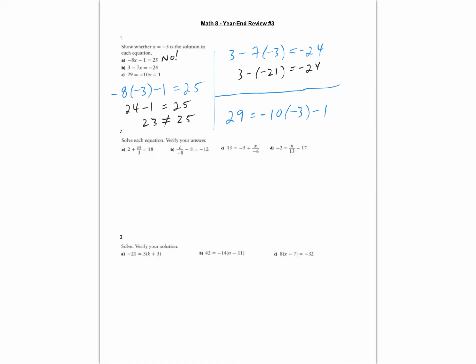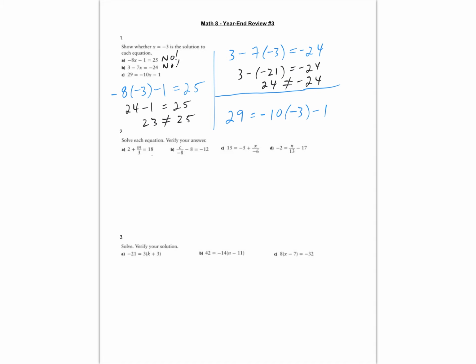So, 3 minus -21. If it's 3 degrees outside and Mother Nature takes away coldness, then it warms up to positive 24. And positive 24 does not equal -24. So that one's a big fat no as well.